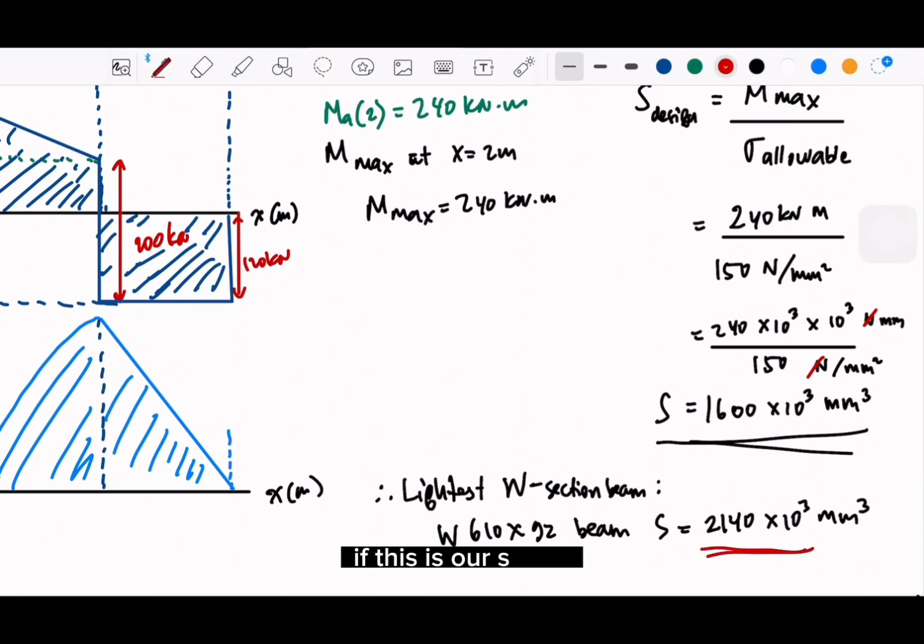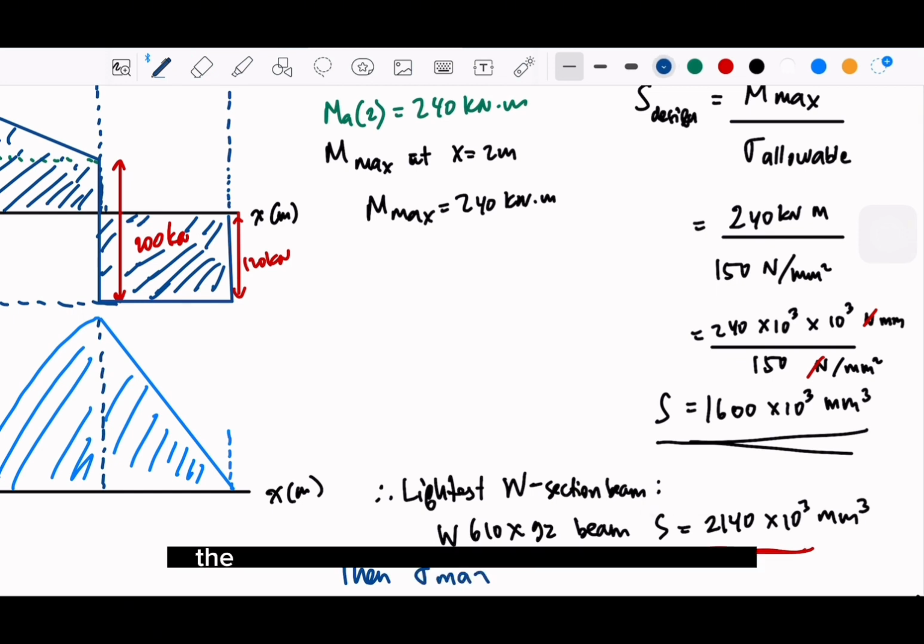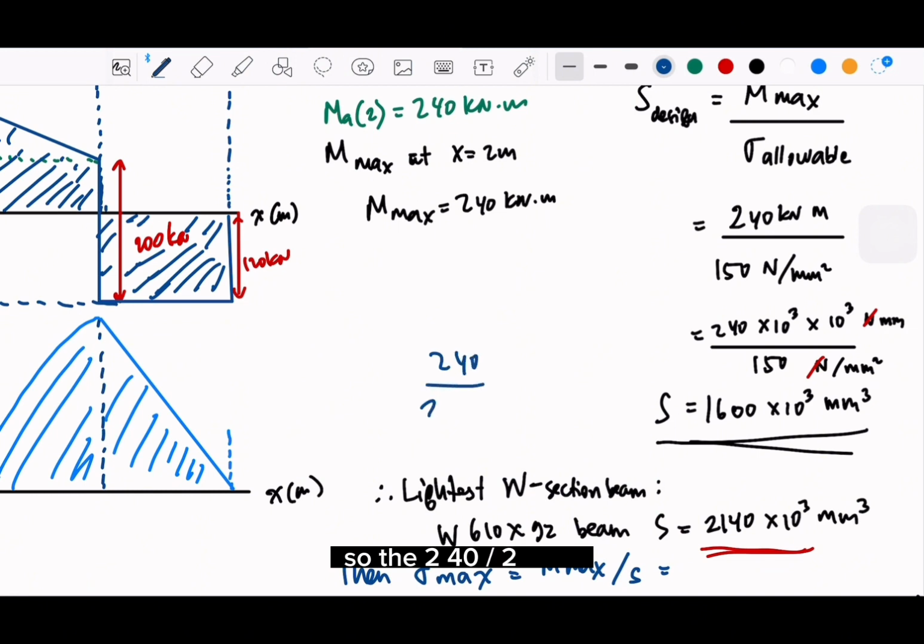If this is our S, then the maximum stress will be the M max divided by the S. So 240 divided by 2140.